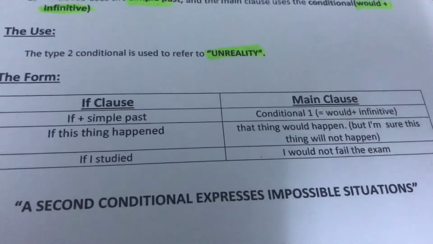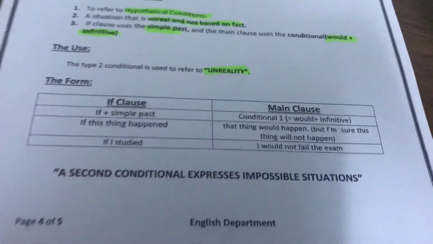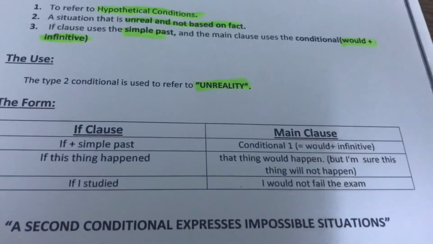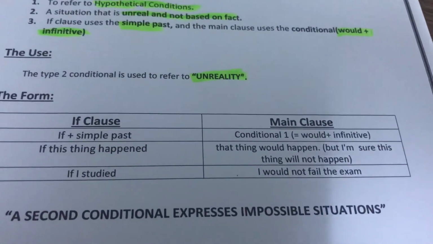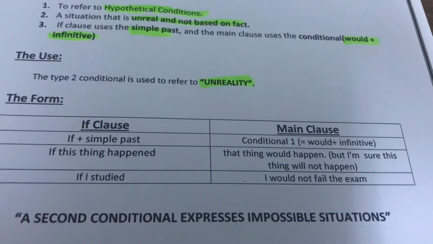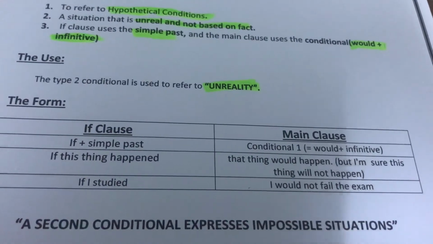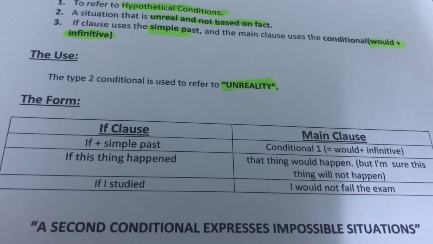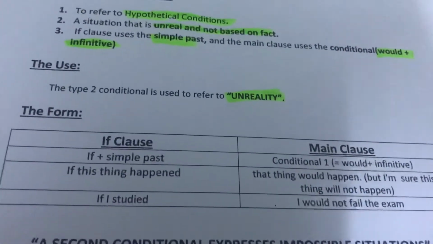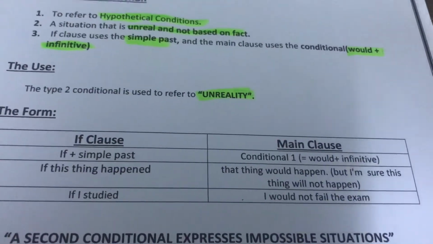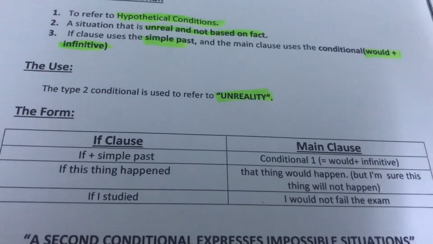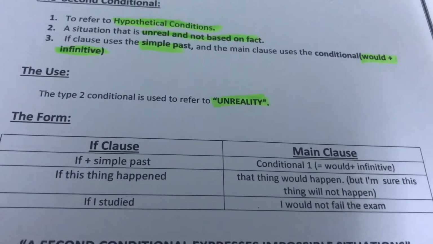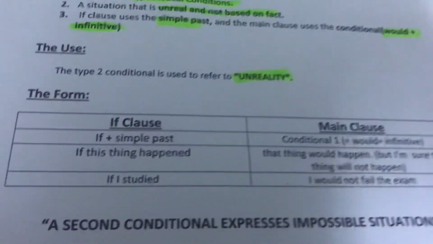Let's go to the form. How can I form this sentence? If plus the simple past, and in the other clause, would plus infinitive. So if this thing happened, that thing would happen. But I am sure this thing will not happen.